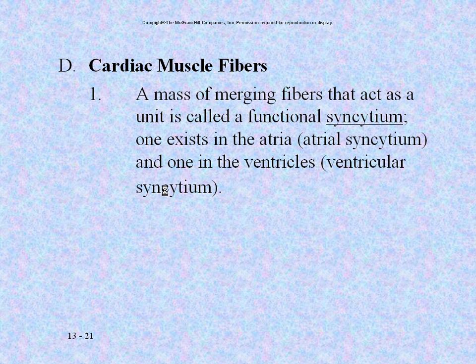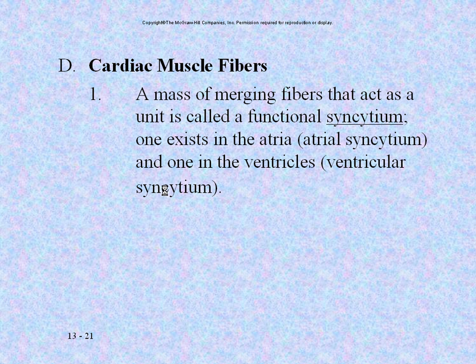Now, interestingly, when we thought about the skeletal muscle system, we remember that you can have these things called twitches, where you're actually just stimulating a few cells and not the whole muscle. But in the cardiovascular system, it's very important that we don't get twitches, right? We want the heart to contract in a very regular fashion, where we have the atria, then the ventricles, atria, then the ventricles.